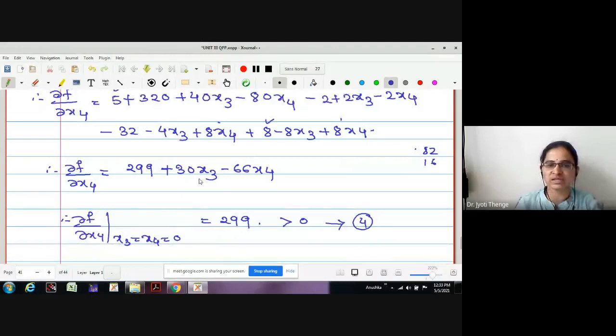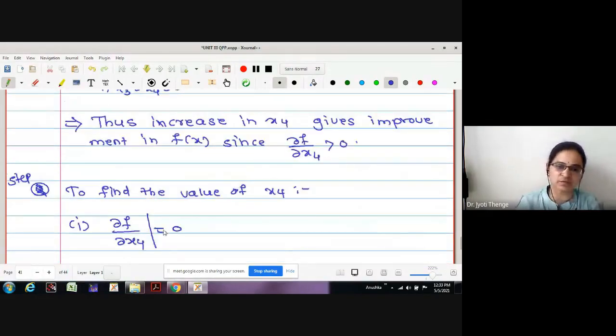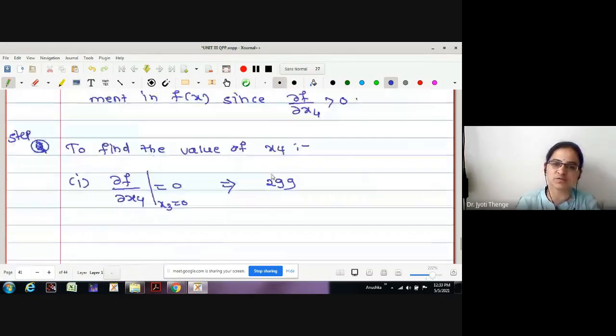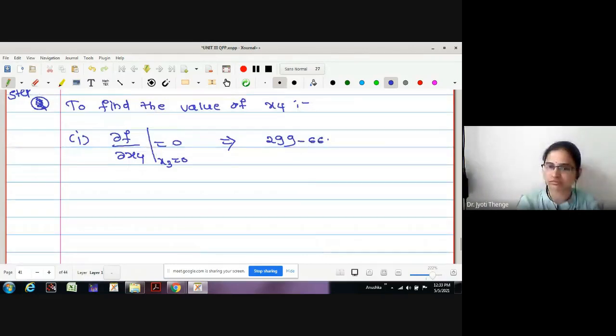The non-basic variable is x3, because we want to find the value of x4. So let me put x3 equal to 0. What is it giving us? 299 minus, this is 0 now, so this is minus 66x4. So the value of x4 we obtain from the first is 299 upon 66.